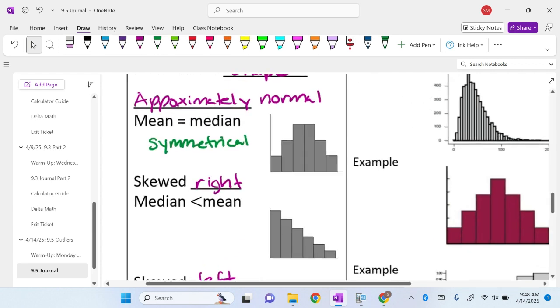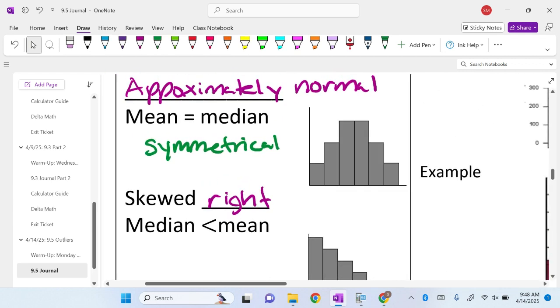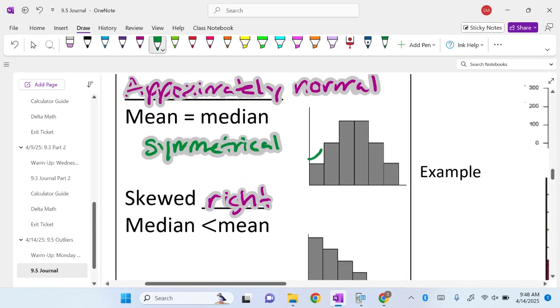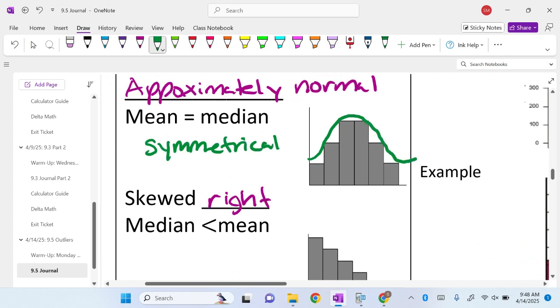Meaning, if I were to draw a curve around the histogram, that curve looks like if I cut it right in half, it would be symmetrical. I could fold it over, and the pieces would be the same size.